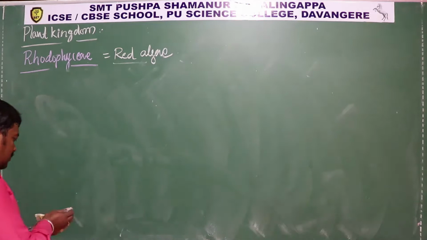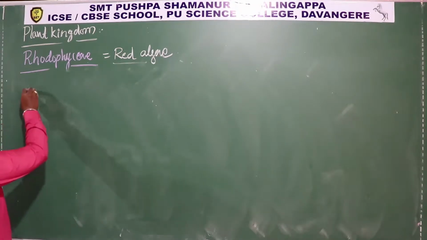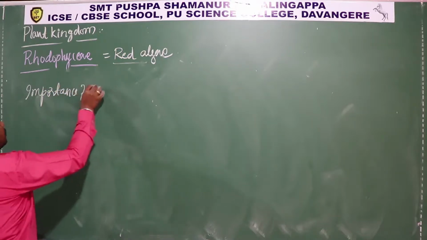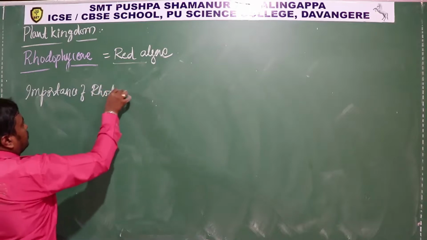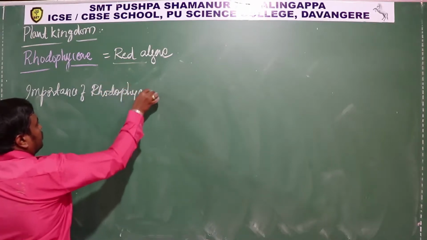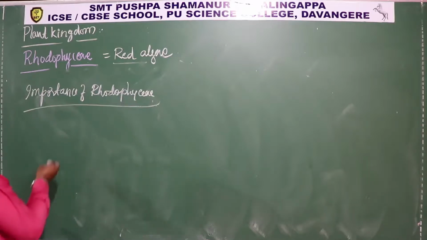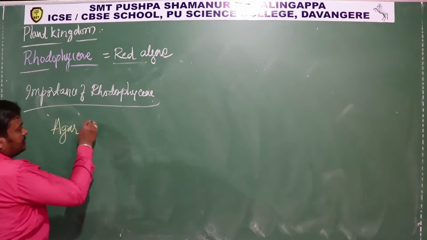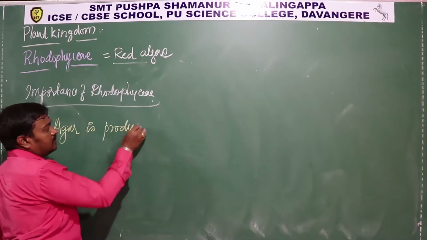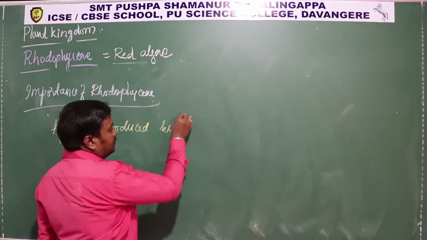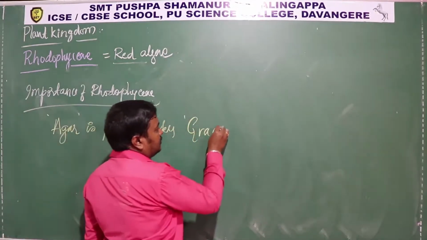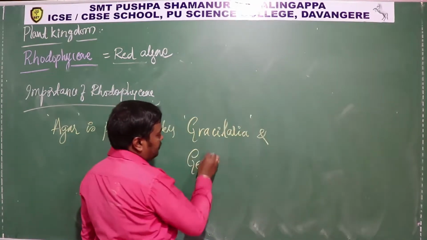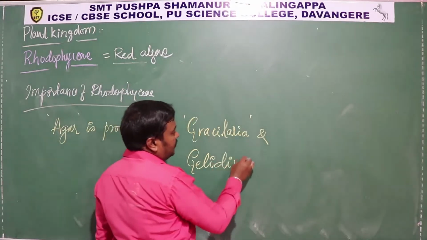Okay. So let me take the importance of rhodophyceae. This is very important. Agar is produced by Gracilaria and Gelidium.